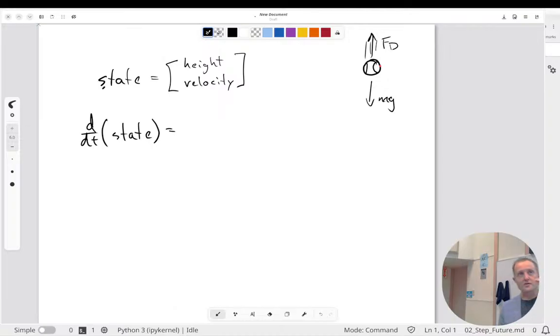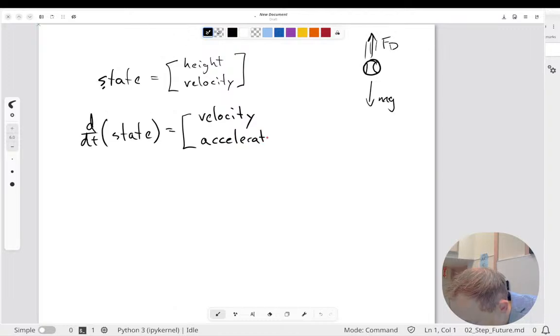Yeah, so the first one is velocity, so it's taking the second value and putting it in the first value. And then the next one is acceleration. And F equals ma, so we could cross this out and write the sum of the forces over m.